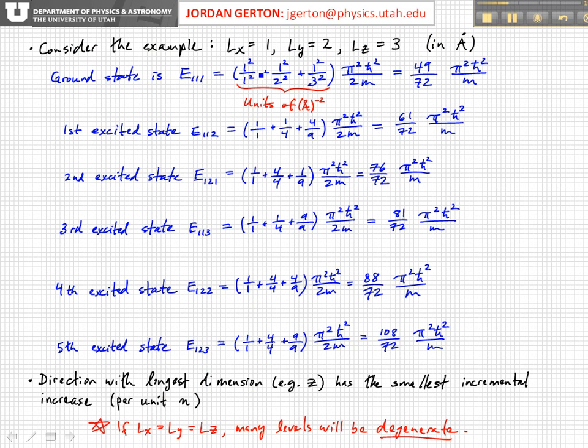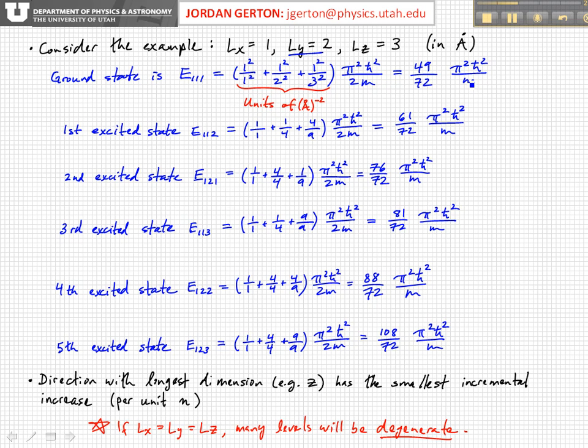So for 1, 1, 1, we get 1 squared over 1 squared, plus 1 squared over 2 squared, that's the quantum number ny squared divided by Ly squared, where Ly is 2, and 1 squared over 3 squared. Times pi squared h bar squared over 2m, when you add that all up, you get 49 over 72 times pi squared h bar squared over m.